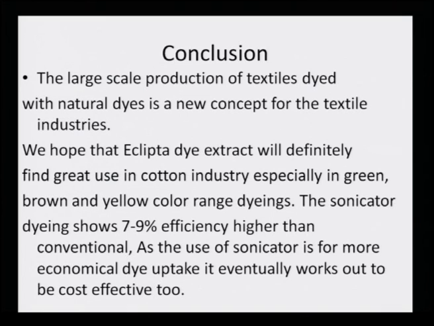As the use of Sonicator is far more economical, dye uptake eventually works out to be most cost effective also. Because when we try to offer a methodology to the industry, we have to show that it has an edge over the conventional methods. Otherwise, nobody is going to take this technology.